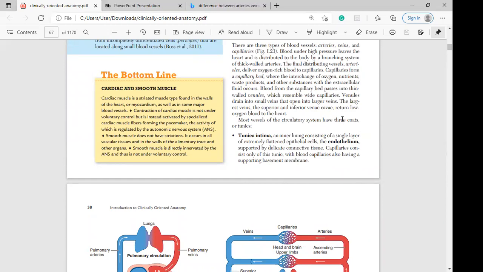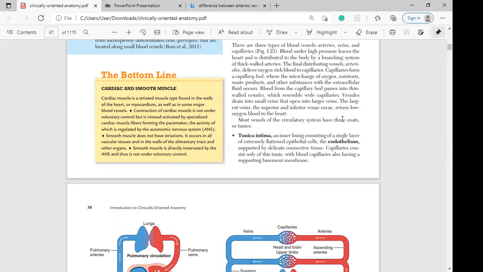So tunica intima, what do you need to know? It is the innermost layer of the blood vessels, and it contains epithelial cells that we call endothelium. This endothelium is supported by a skeletal framework or connective tissue. Now, capillaries consist only of this tunica intima with a basement membrane. Remember, there are three tunics: Tunica Intima, Tunica Media, and Tunica Adventitia.